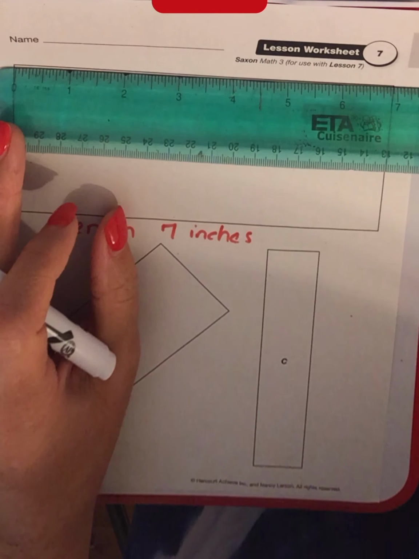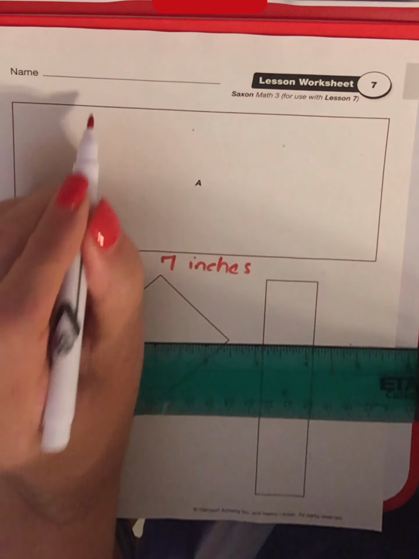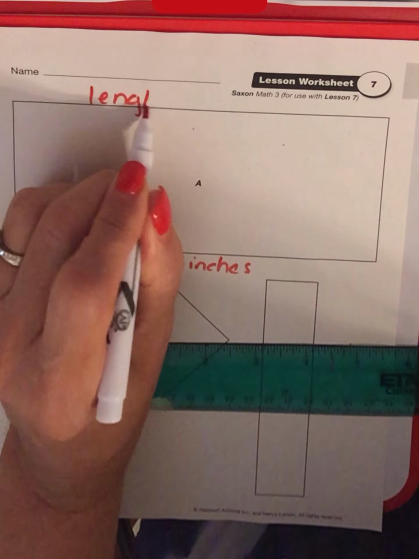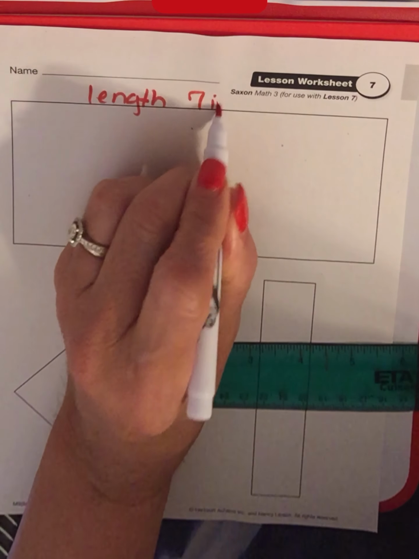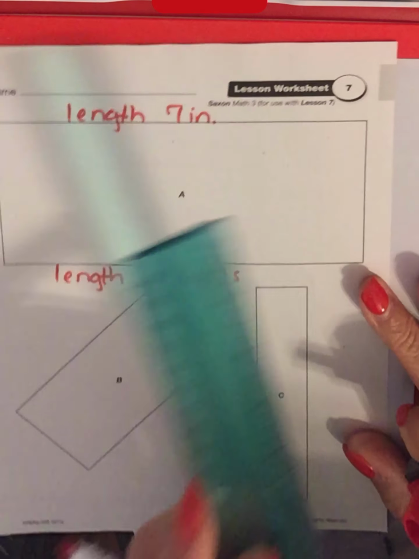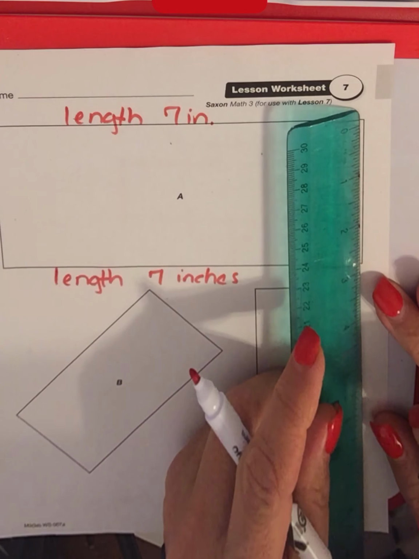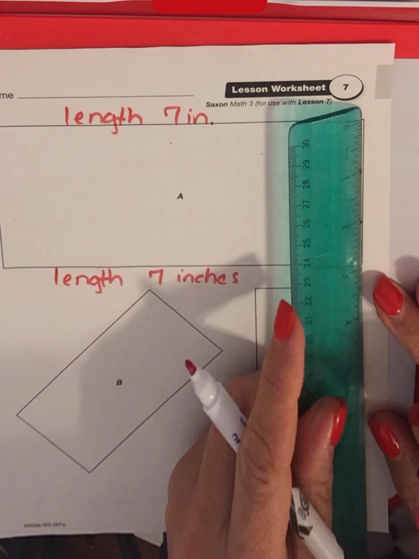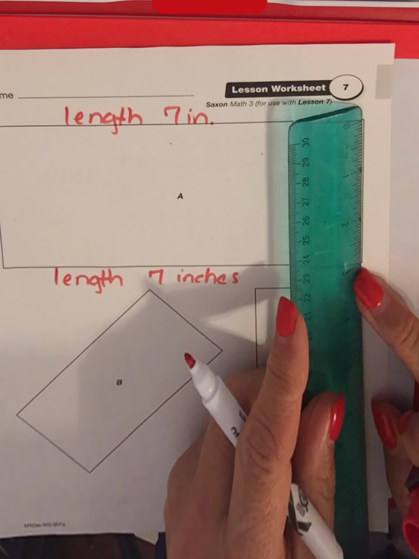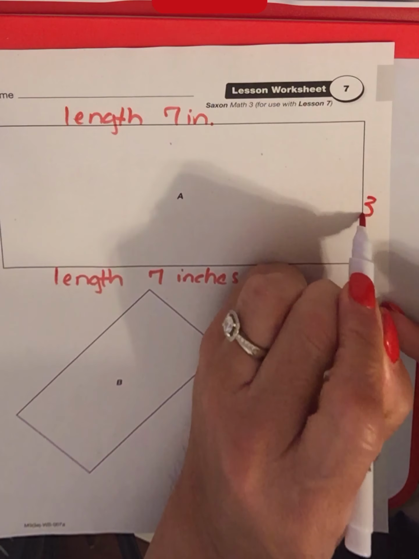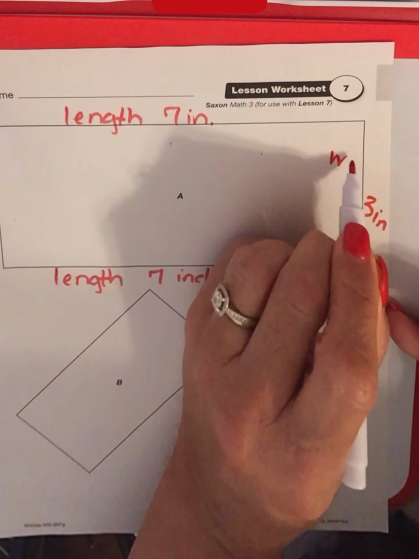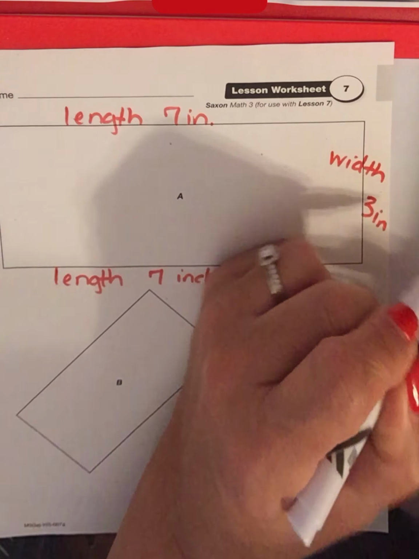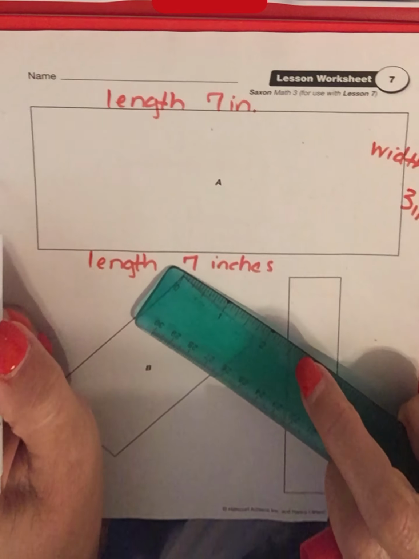I want to put that as well. Okay, I'm going to label it length 7 inches. And now I'm going to label my width. I line up the 0, and it goes to 3. So this is going to be 3 inches, and this is my width. And then I'm going to write the same thing on this side.